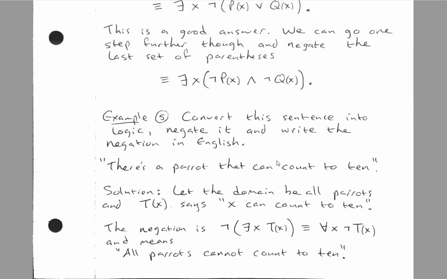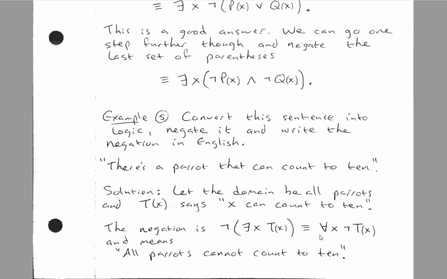So our original statement is there exists x so that t of x. The negation of that, using De Morgan, is for all x, not t of x.